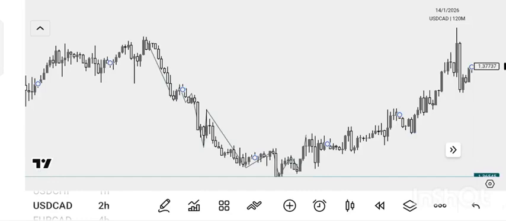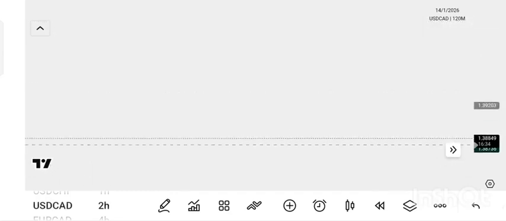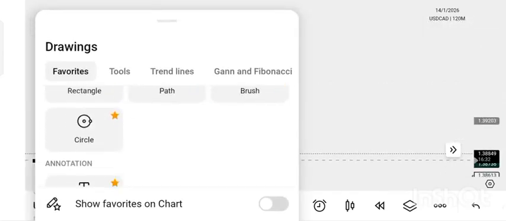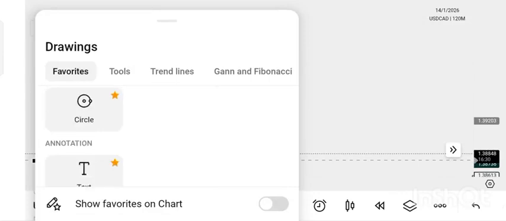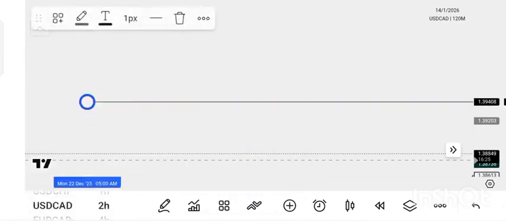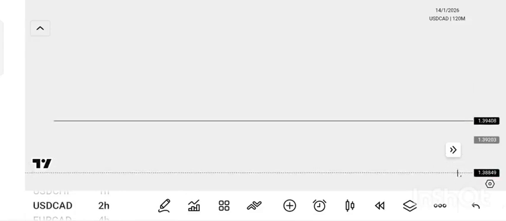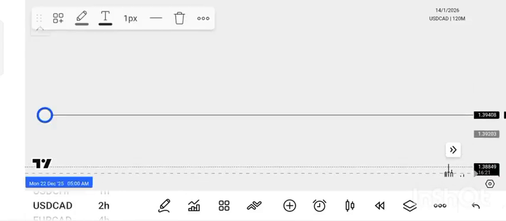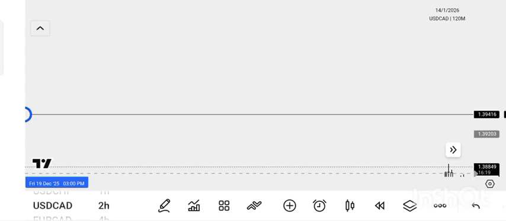Now, in the system that I trade, how do we know that price is changing structure? First of all, the first rule is that price should be at a zone where we know that possible reversals can happen from. Let's say this is a key level where we are looking to buy in a downtrend.